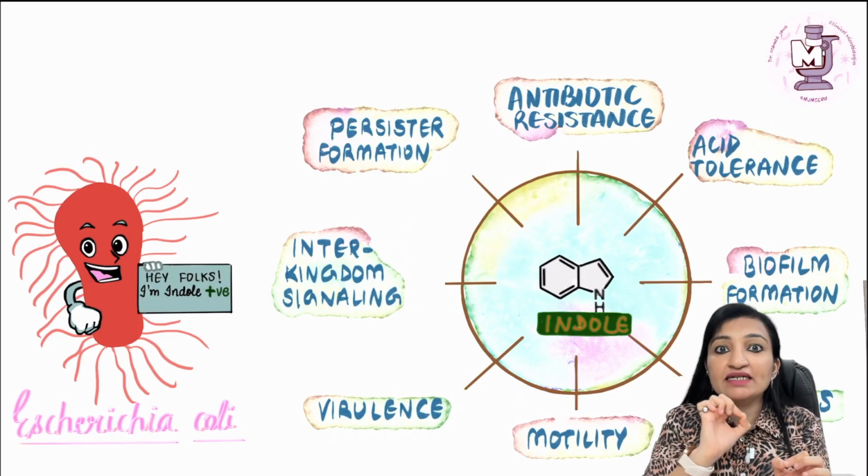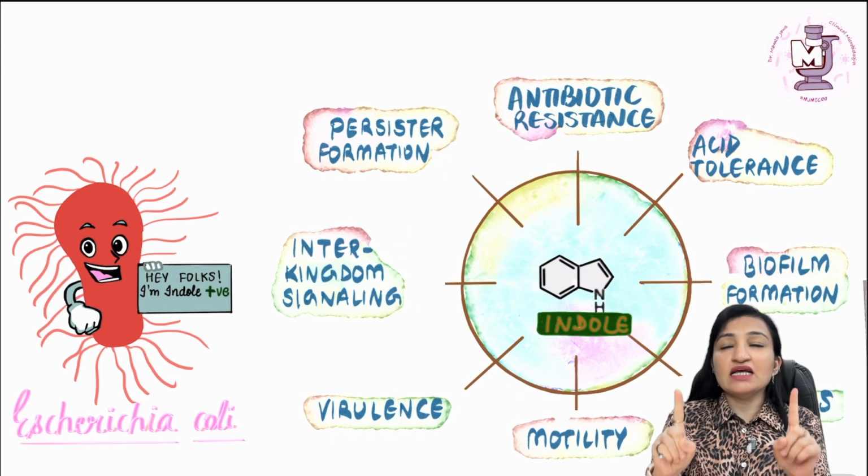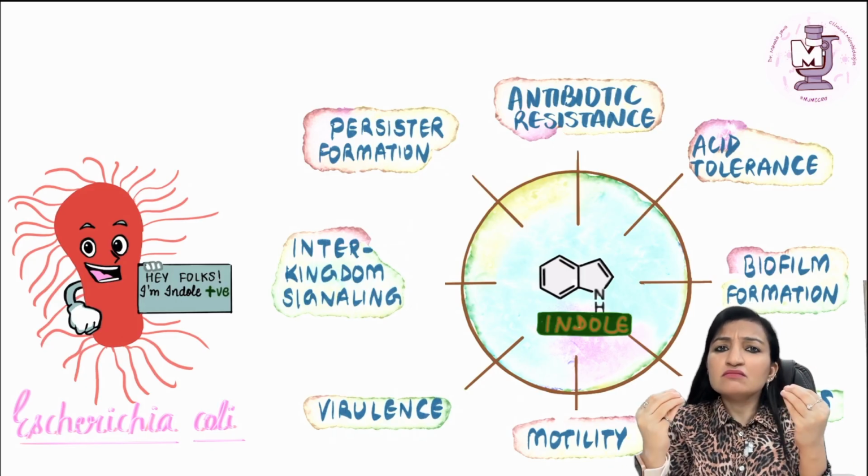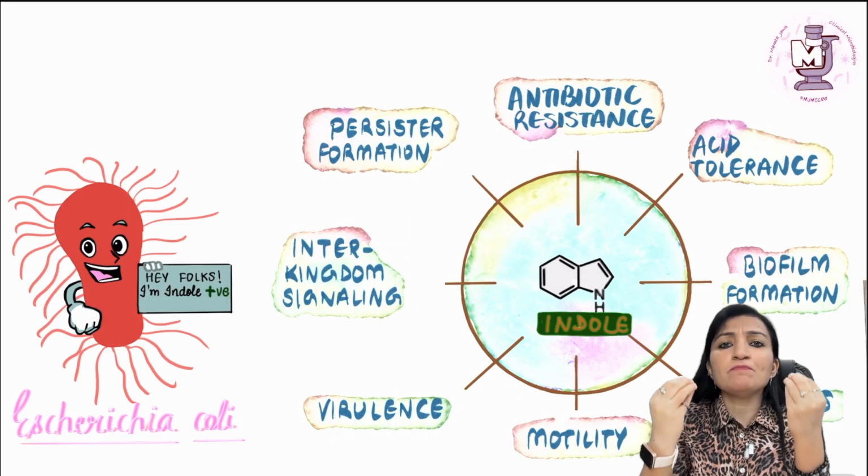So this is the underlying definition of persister cells: they show tolerance to antibiotics but don't show any genetic mutations, and they are non-growing, non-dividing, typically lazy or laid back, said to be dormant cells.